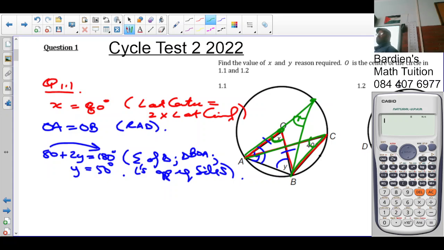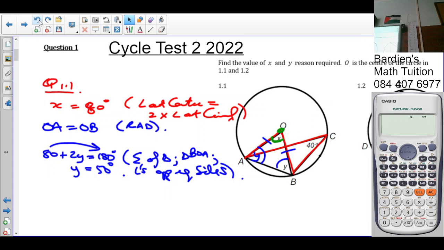Do you understand? More than 3 people wrote angles in the same segment. Any other problems regarding this question? This one was worth 5 marks, the others were worth 4 marks.